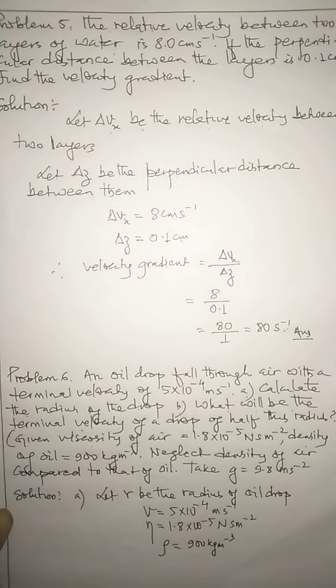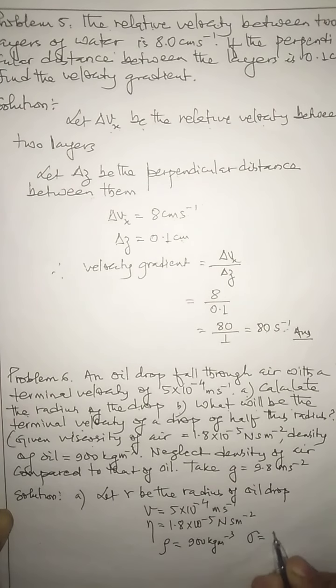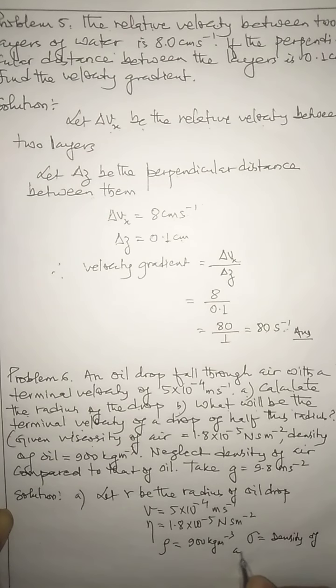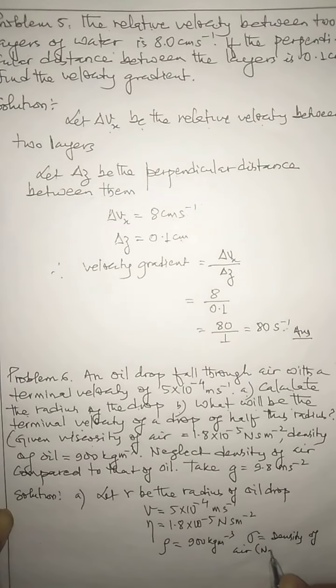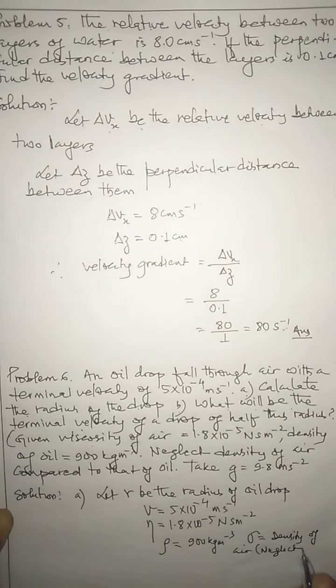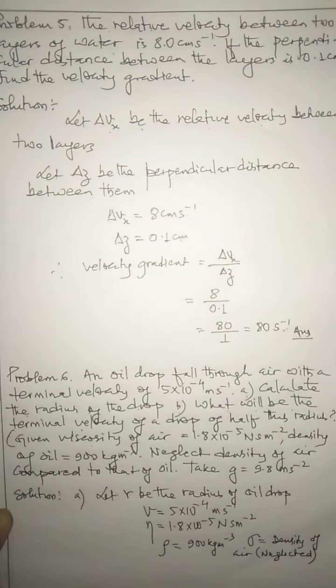But in this particular question, we have to neglect the density of air. Density of air is basically sigma. See, as per the expression of terminal velocity, you have learned sigma is the density of the liquid, of fluid. So sigma is the density of air. I consider density of air, which is neglected. So there is no density of air given in the expression. Means it's very, very small compared to the oil, and it has been neglected. Neglected means it is considered to be 0.